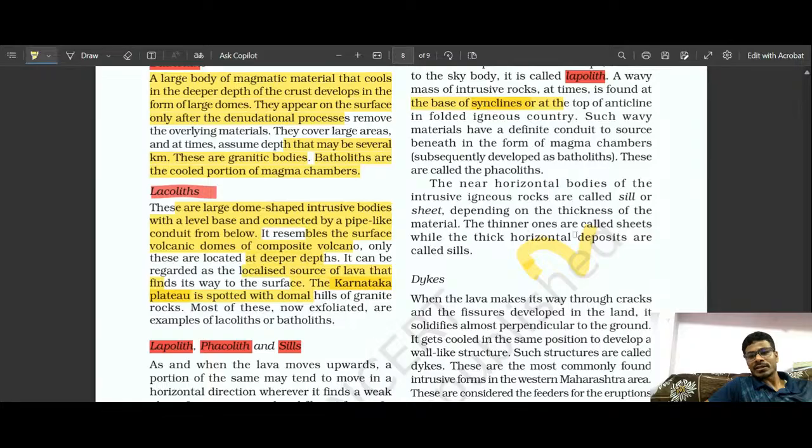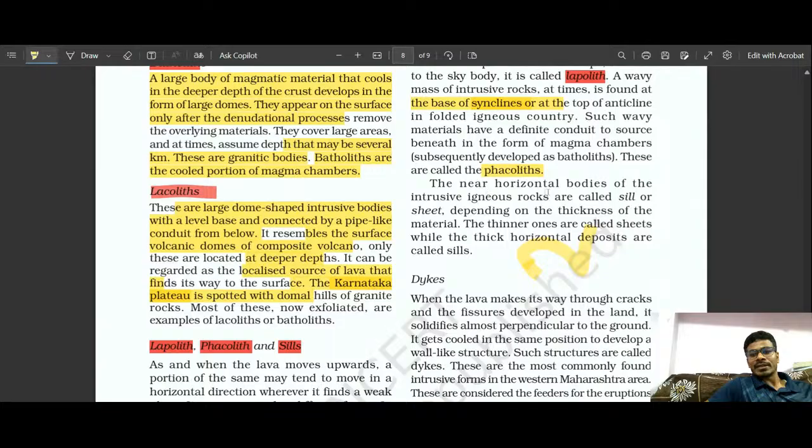Anticline means moving upward, when it is rising; syncline means coming downside, sinking down. This is in the folded igneous country. Such wavy materials have a definite conduit to a source beneath in the form of magma chambers, and subsequently develop as lopoliths. These are called phacoliths.